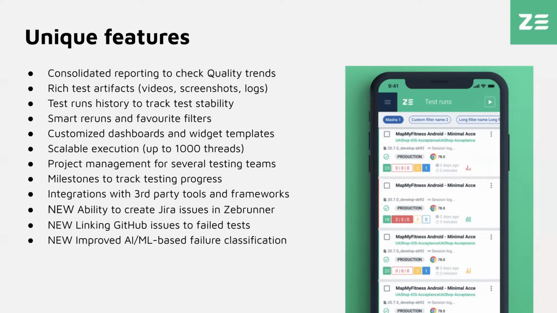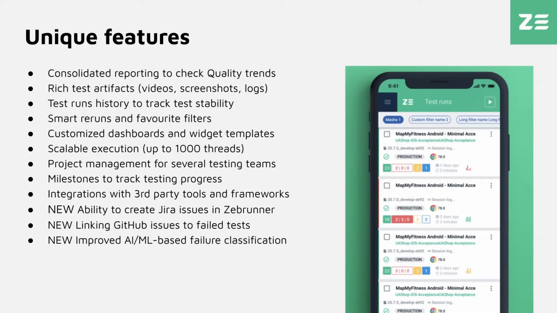Zebrunner provides its own Selenium hub that allows you to have scalable execution and run up to 1,000 threads in parallel. And actually, we don't bill for the number of threads as other tools do. All that matters is the amount of hours. Recently, we released the feature about project management.